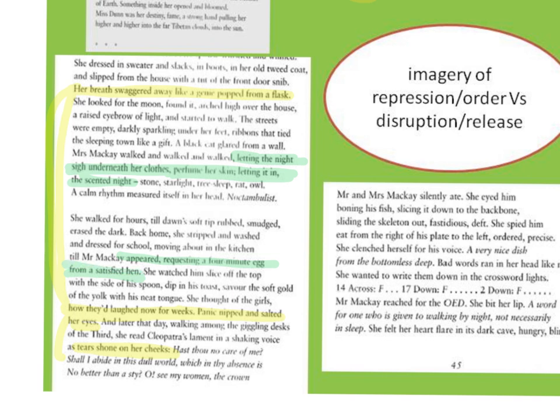I think the idea being here is that Mrs. Mackay has gone for a long time without being satisfied by her husband. He dips in his toast. You can see that's quite phallic and penetrative, savouring the soft gold of the yolk with his neat tongue. And then you come back up to the top and you see how the night is showing more attention and more physical intimacy with Mrs. Mackay than her husband.